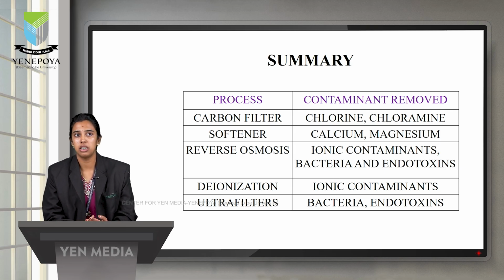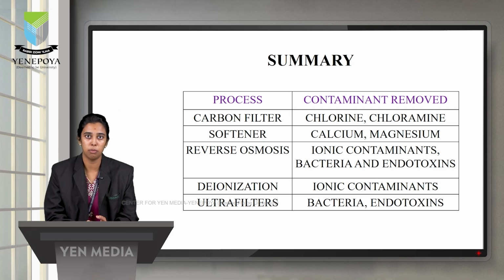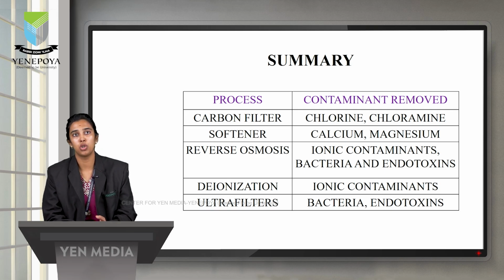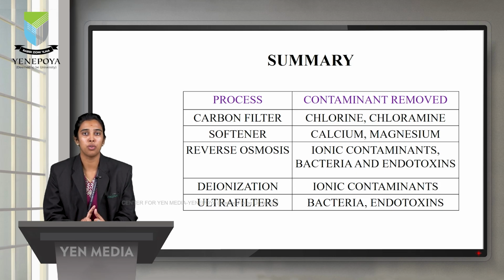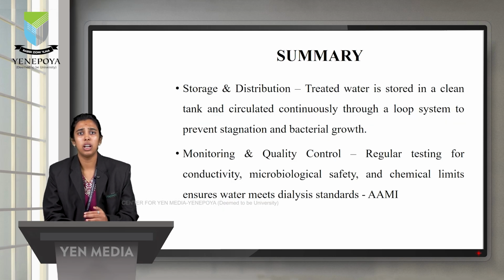Then from the carbon tank, if there are micron filters, the water passes through them, and then it moves on to the RO system, which removes bacteria and endotoxin. If a deionizer is present, it removes ionic contaminants. Then there is a storage tank, where the water is stored and then distributed to the patients by a loop system.